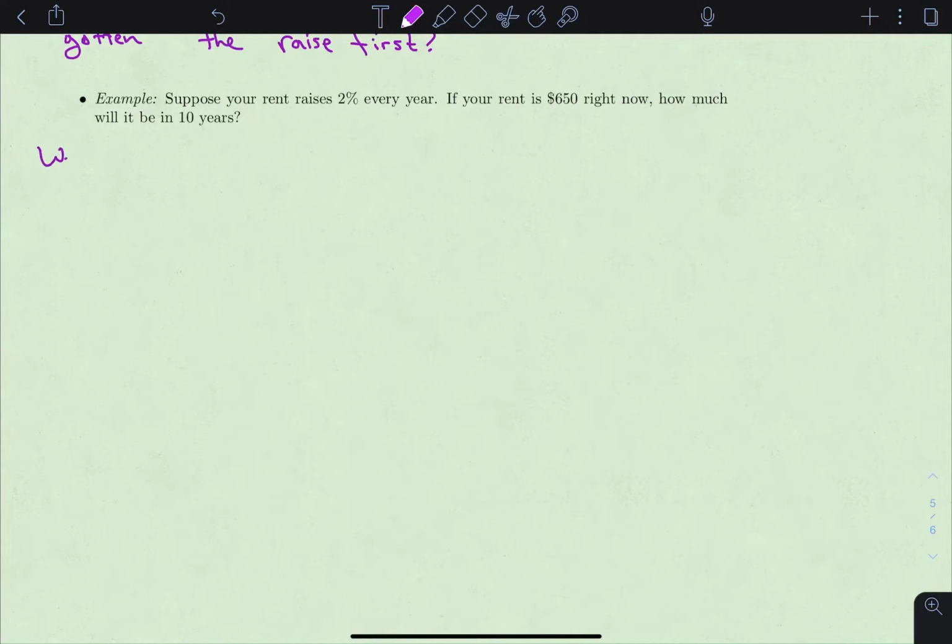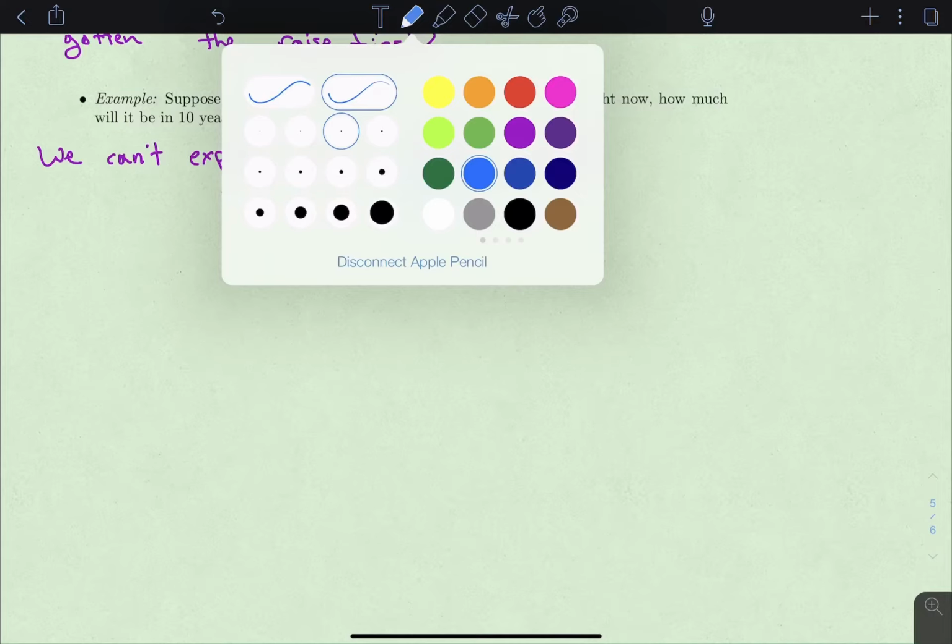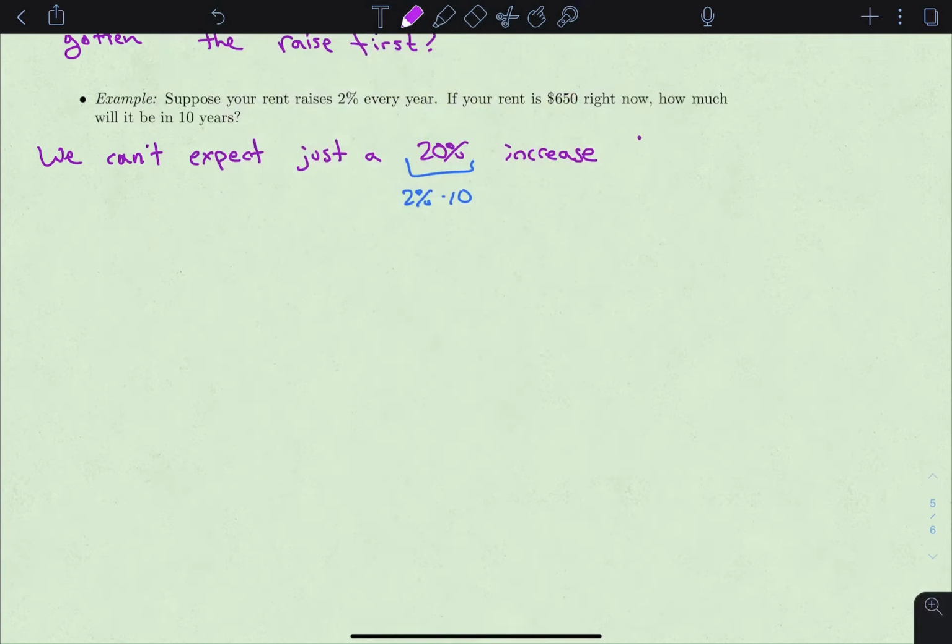We can't expect just a 20% increase. And why might that be what we would think it could be? Because we're thinking, oh, is this 2% times 10? Because percents are additive.